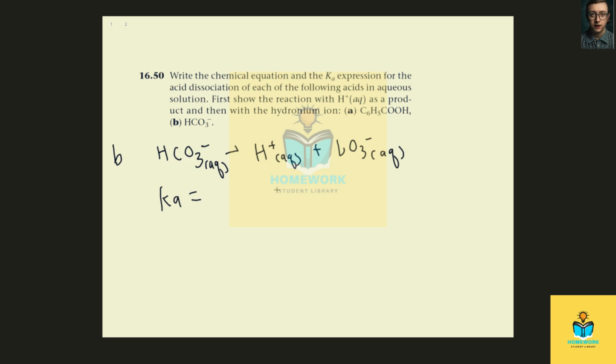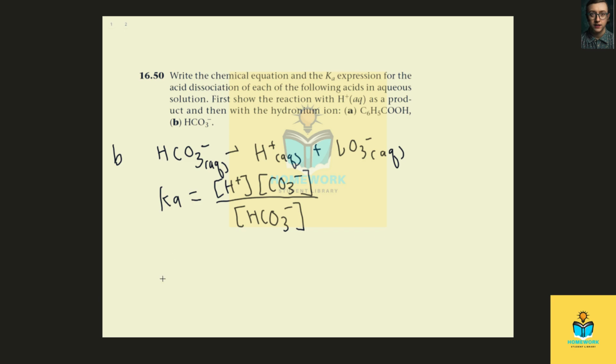So Ka, once again, is our products over reactants. So we have our H plus concentration times our CO3 minus concentration all over our HCO3 minus concentration. Now, whenever we're doing our hydronium, we need to make sure we add water to it.